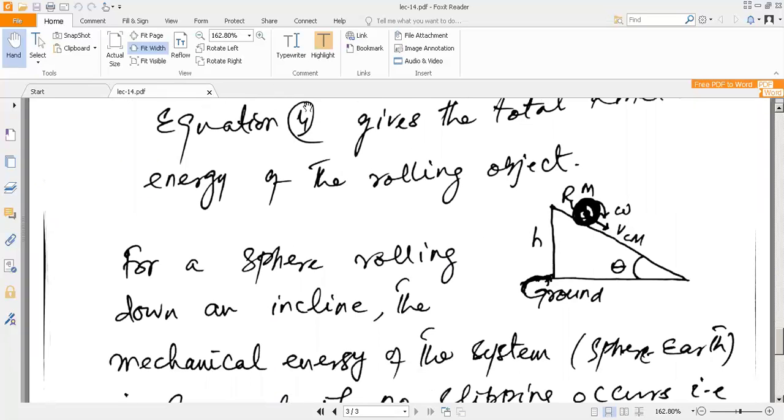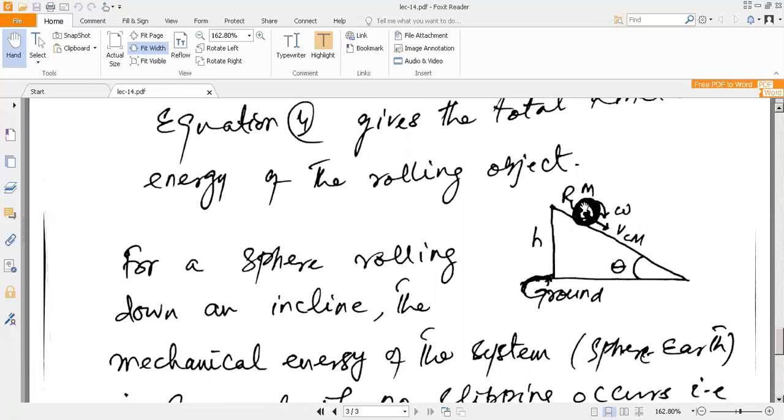Having reduced a proper equation for kinetic energy, we assume an object rolling down on this surface, and this object is having r as its radius.